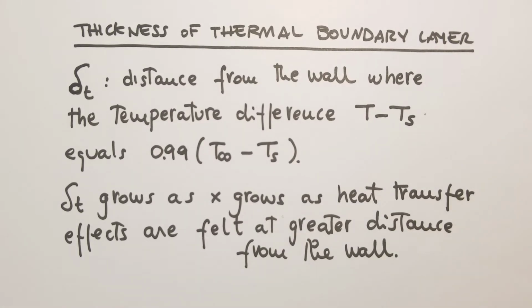In the same way as the velocity boundary layer grows as we move downstream, the thickness of the thermal boundary layer also grows as x grows, because heat transfer effects are felt at a greater distance from the wall.